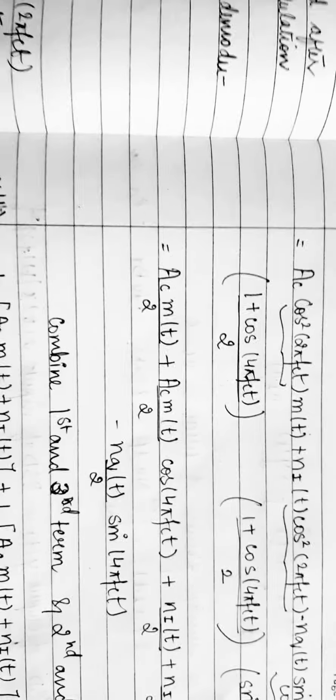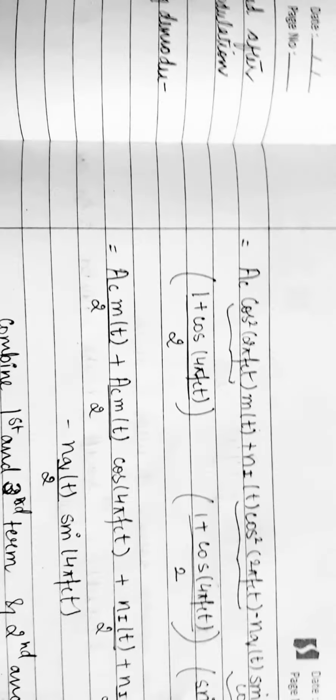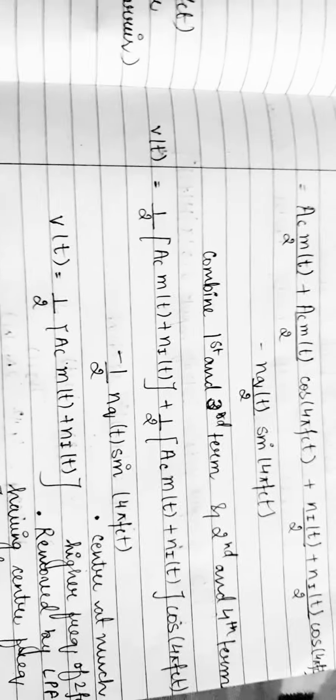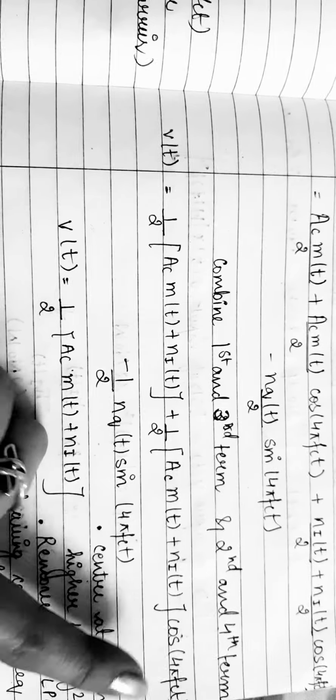Now here we will combine the first and third terms, and we combine the second and fourth terms. So we get the output v(t) equal to half A_c m(t) plus n_I(t), plus half A_c m(t) plus n_I(t) cos 4πf_c t minus half n_Q(t) sin 4πf_c t.